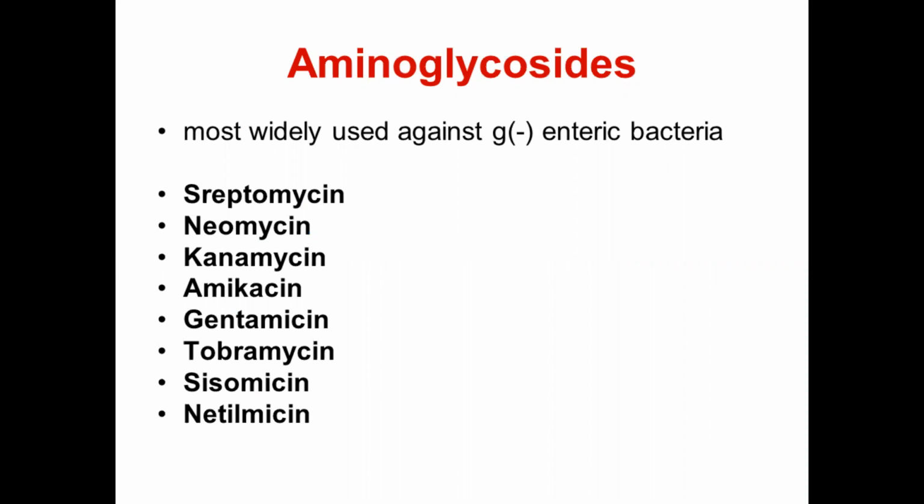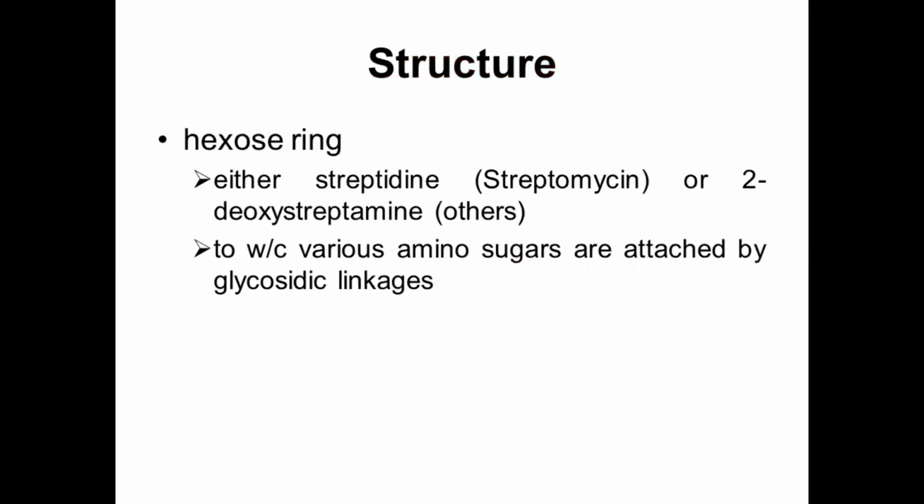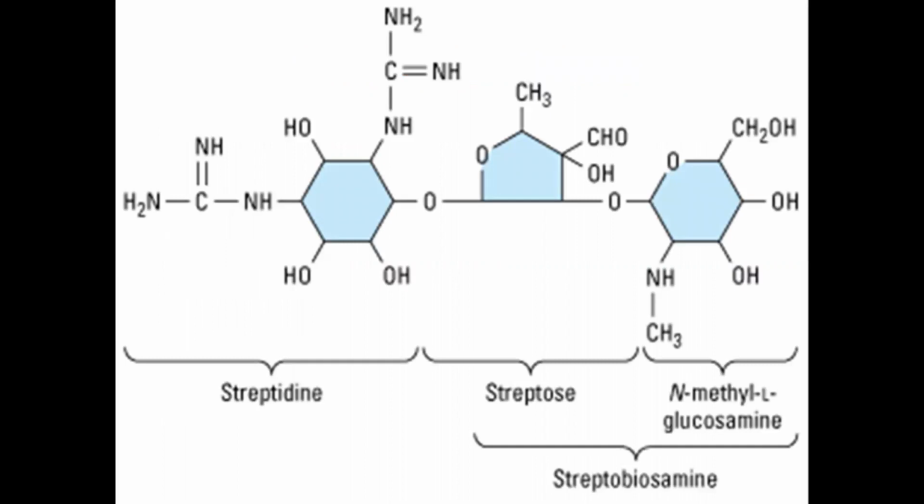Etong aminoglycosides are exclusive to gram-negative bacteria. So streptomycin, neomycin, and the others. Ang backbone naman nito, it has a hexose ring, may 6 corner na shape. Backbone.